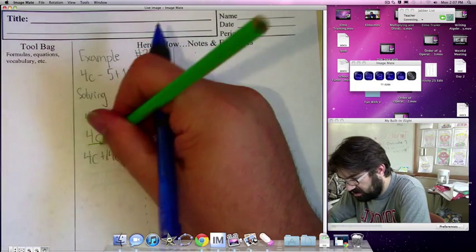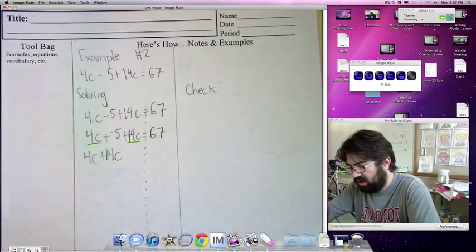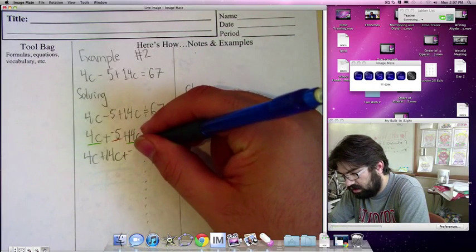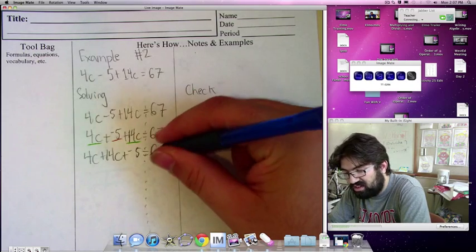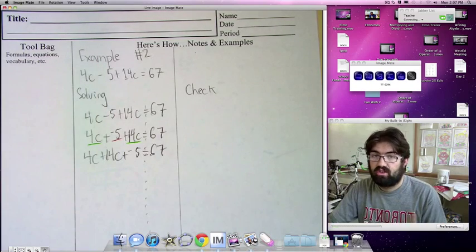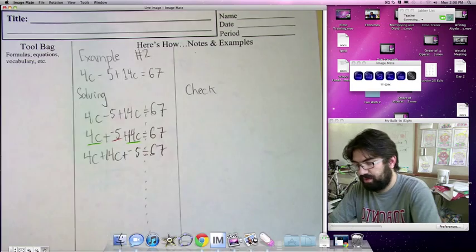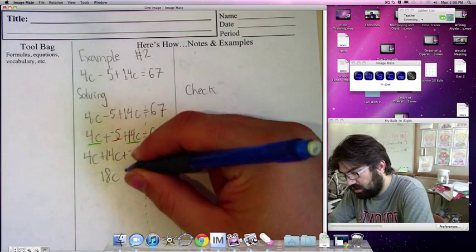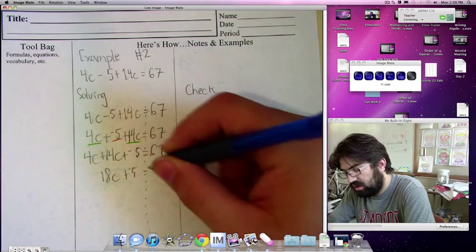Those are my greens. Only constant I have is negative 5, so he's hanging out by himself. Got to keep the negative. If you lose that negative, you will get the wrong answer. You have to watch those negatives. 4 plus 14, that's 18c, plus negative 5, this is 67.